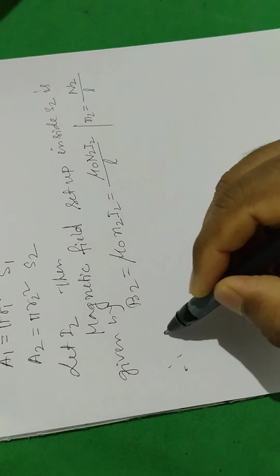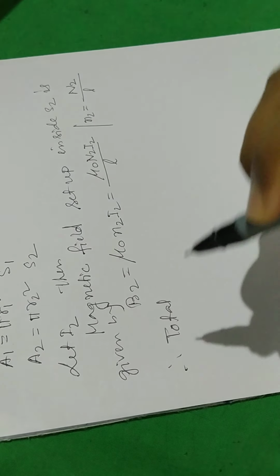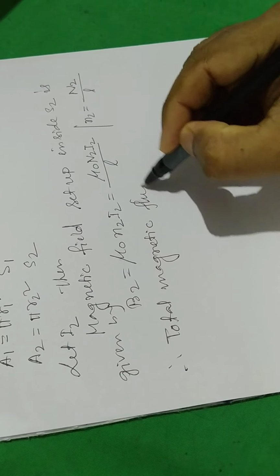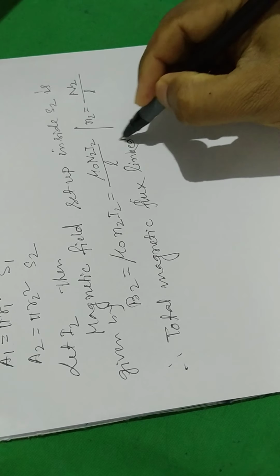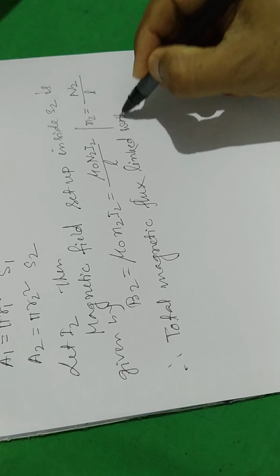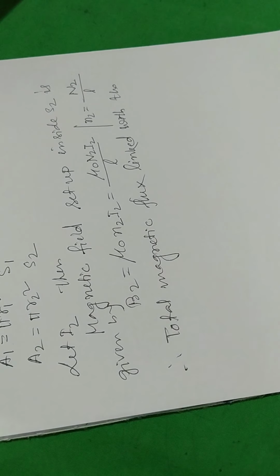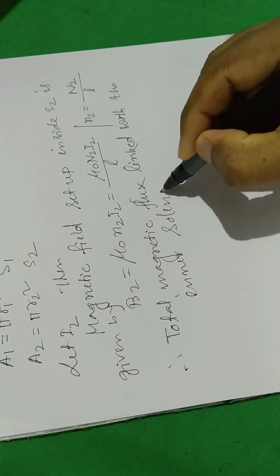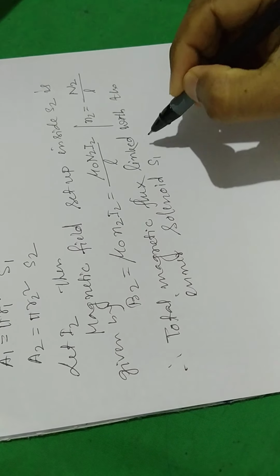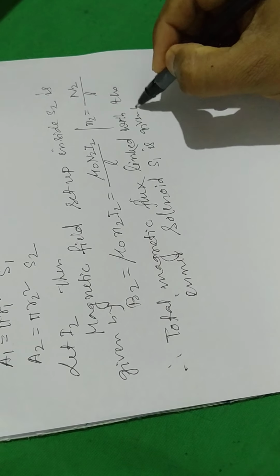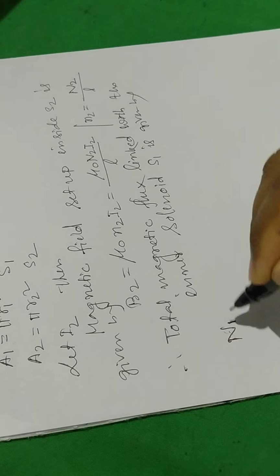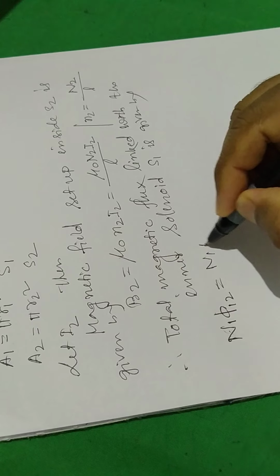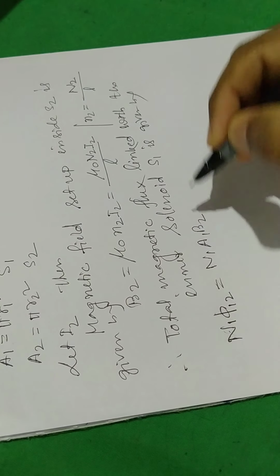Therefore, the total magnetic flux linked with the inner solenoid S1 is given by N1 phi 12 equal to N1 A1 B2.